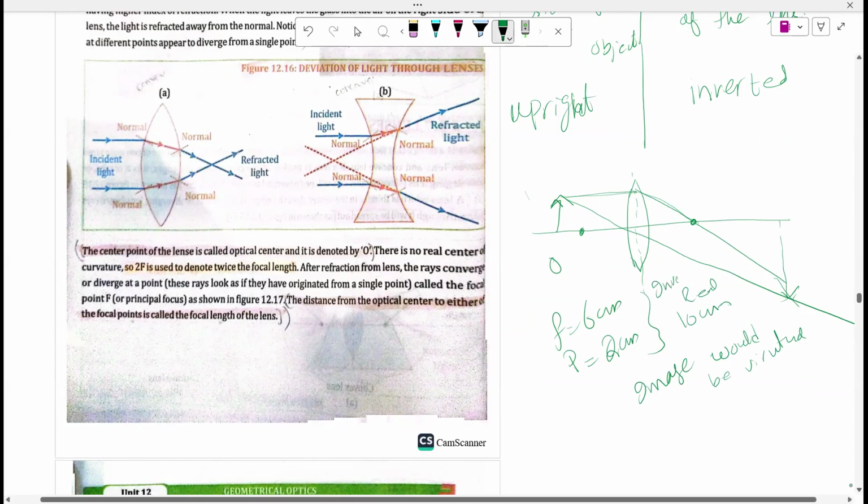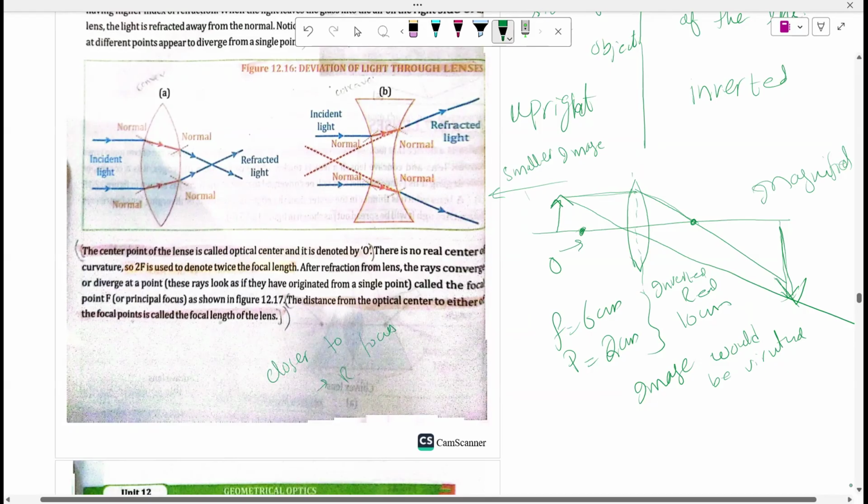And what two things will be common? Real and inverted. Magnified, meaning enlarged, will depend on the distance from the focus. If it's closer to the focus point, the image will surely be magnified, and we will use the word enlarged. But if it's away from the focus point, the image would be smaller. So we can write it as closer to focus.